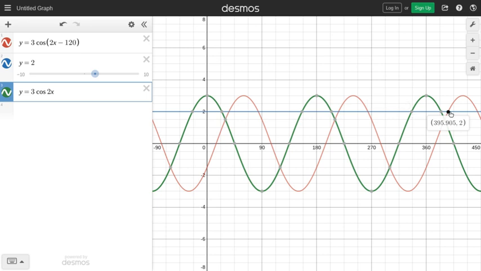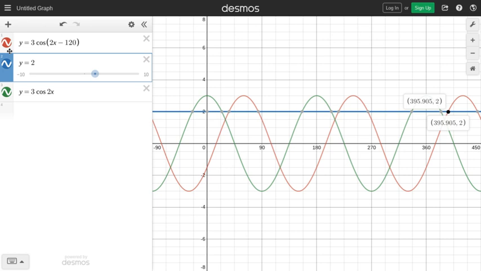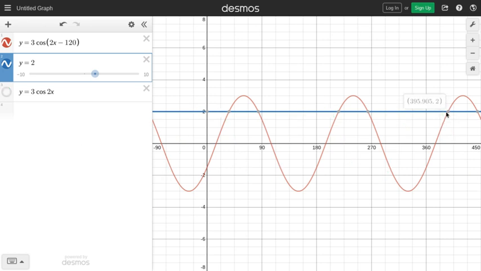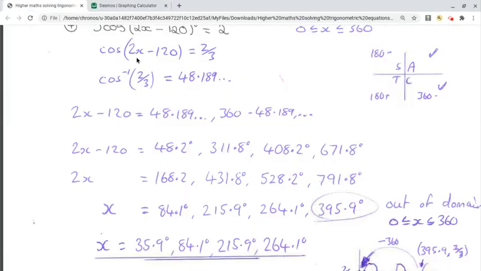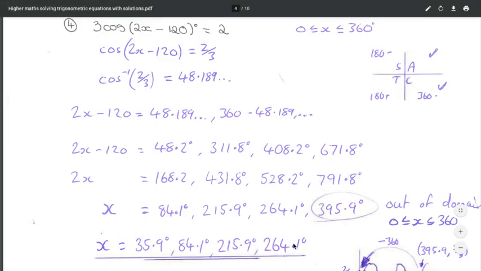So to get the value we're actually looking for, I need to jump back 360 degrees from here, which will give me that value. So originally this value was here, but by pushing it to the right by 60 degrees, it's come into the domain of 0 to 360. So that is how we would find that extra value.